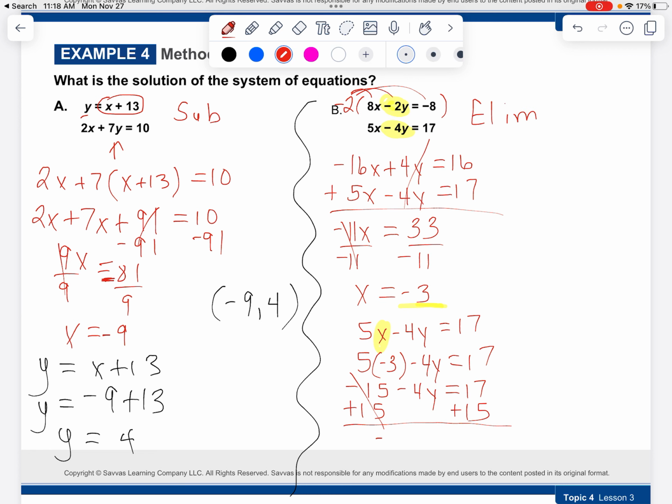So we end up with negative 4y is going to equal 32, for which we'll need to divide by negative 4, and y ends up being negative 8. So our ordered pair solution is negative 3, negative 8.